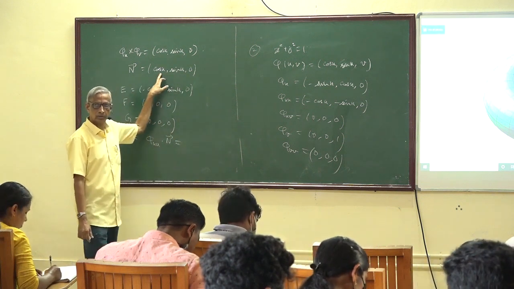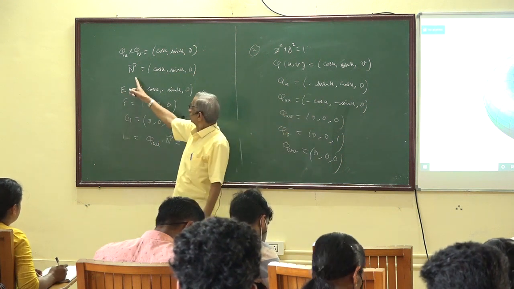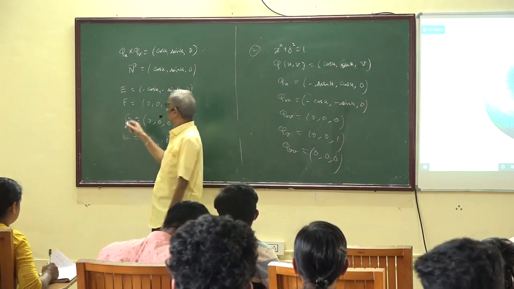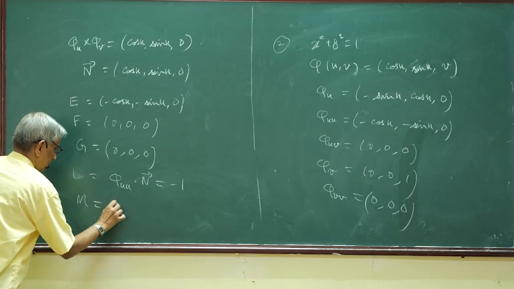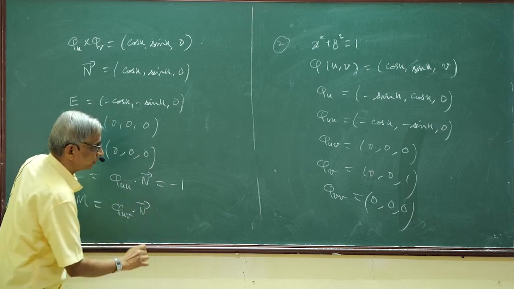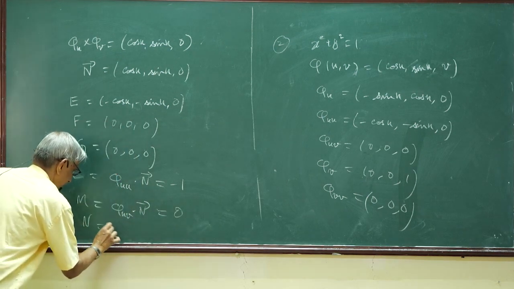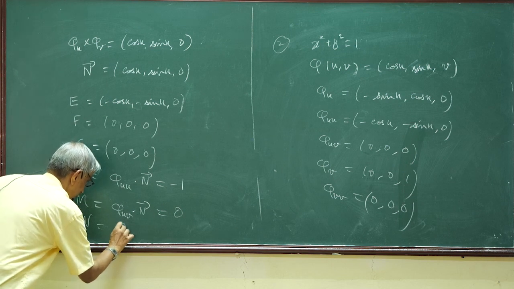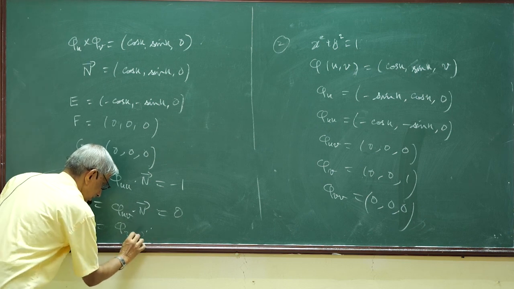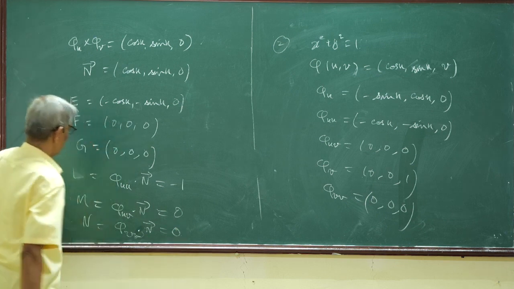Is it minus 1? This dot this: minus cos square u minus sin square u, 0. Phi uv is 0, right? So M is going to be 0. N is also 0.